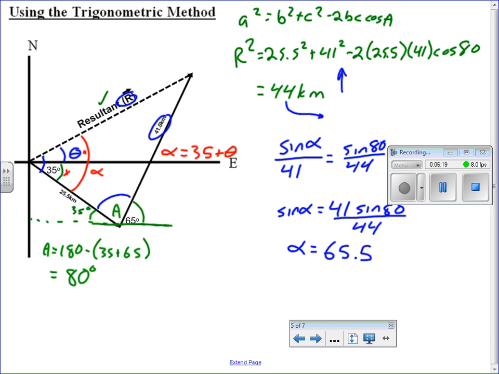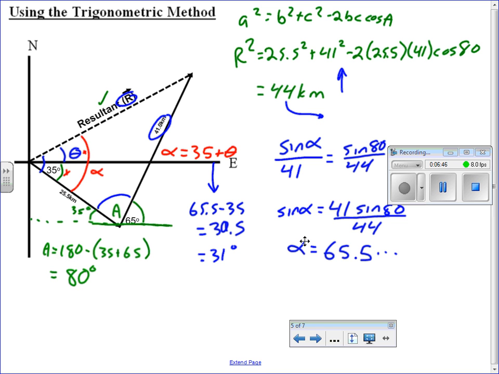When you take that value and plug it in here, 65.5 minus 35 equals 30.5. There are a bit more numbers after the 5, so it rounds up to 31 degrees.